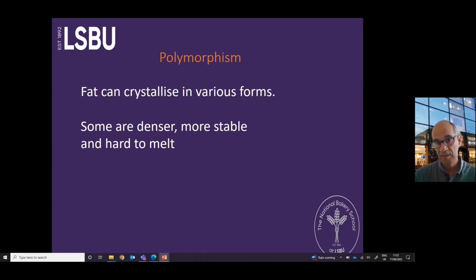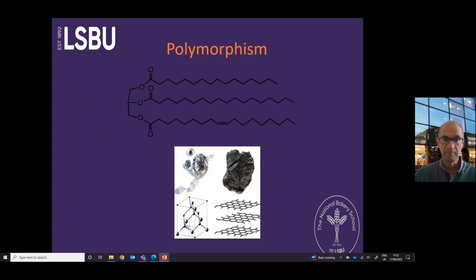And as you will see in your little experiment linked to this video, this will affect the flavor and how we experience the chocolate. So here we have our triglyceride again, and these will come together depending on the angle they come together, and there may be a tilt in the arrangement of the atoms.